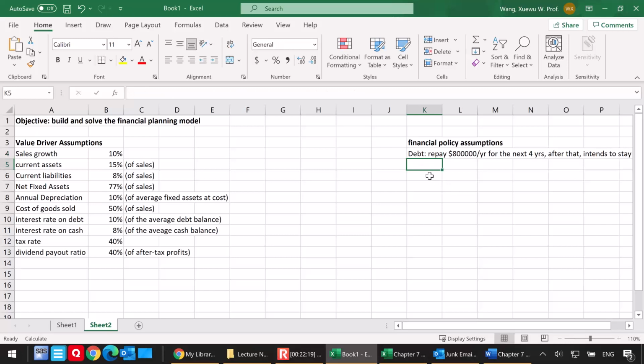And for stock, what are we going to say? We're going to assume the firm is going to have no new share issuance. The firm is not going to have any SEOs, and the firm is not going to buy back any shares. So no share buybacks or repurchases.